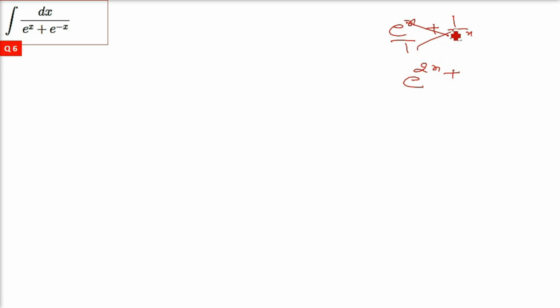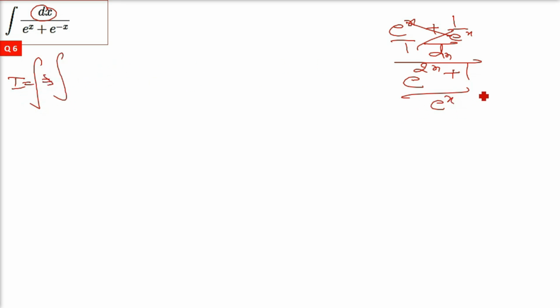So when we cross multiply and take the LCM, e raised 2x plus 1 divided by e raised x, and this whole is 1 by that. Please remember I was talking about the denominator. So when it goes up, this e raised x will be in the numerator, 1 plus e raised 2x will be in the denominator. So it's simply 1 by 1 plus e raised 2x divided by e raised x.